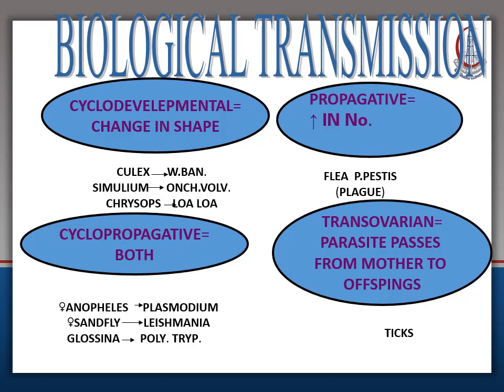Sometimes the arthropods pass the disease agent to its offspring, meaning that the adult arthropods contain the pathogenic organism. And when it lays eggs and these eggs hatch, the newly formed arthropod inherits this causative agent of disease from its mother. We call this transovarian transmission, and it characterizes a certain type of arthropods, which is ticks. Of course, for each type of biological transmission, there are examples. Just read them, and later on in the course you are going to study each one in detail.